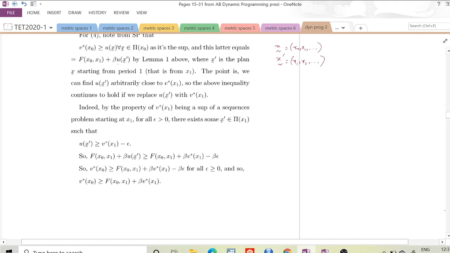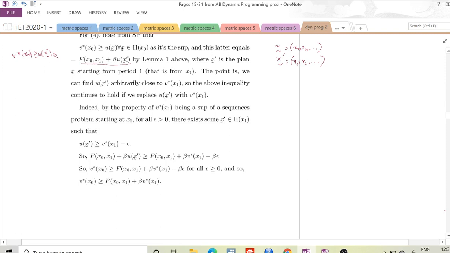What do we want to show here? So remember, what we want to show is V star of x naught is greater than or equal to... So let me write this out. V star of x naught is greater than or equal to, that is equal to this.